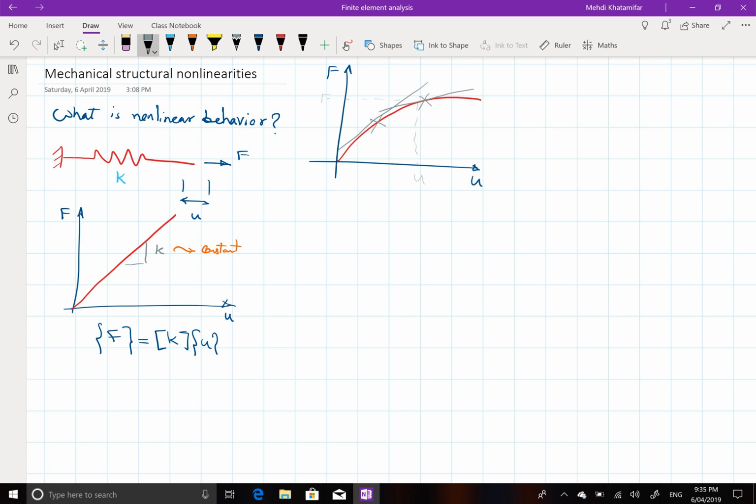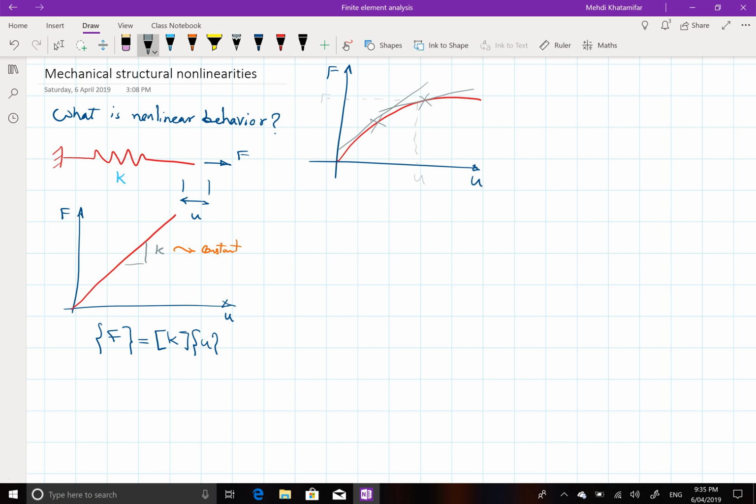So if it's nonlinear and K is not a constant number, it is going to create some trouble to construct the stiffness matrix, and we need to update the stiffness matrix depending on the force or displacement we have. So how is ANSYS going to take care of this?